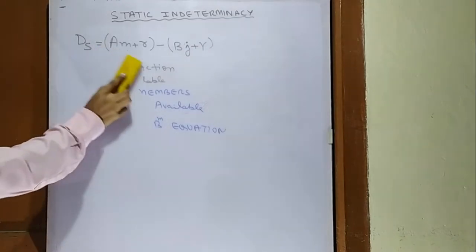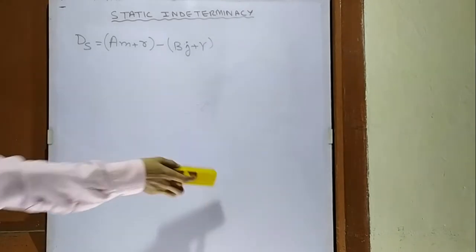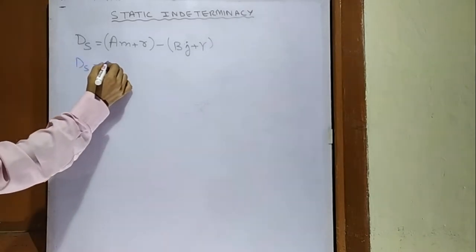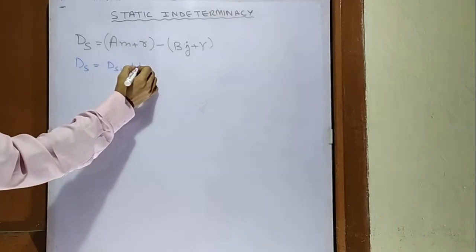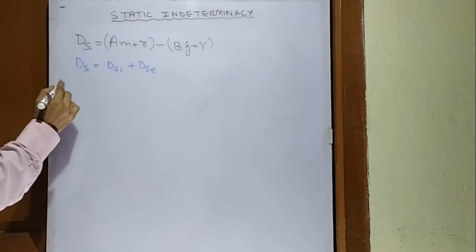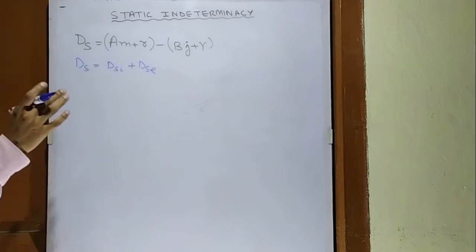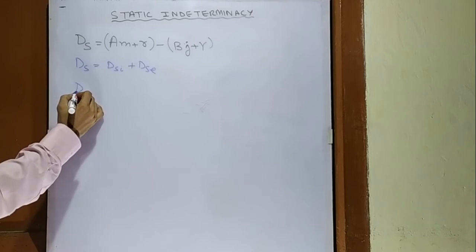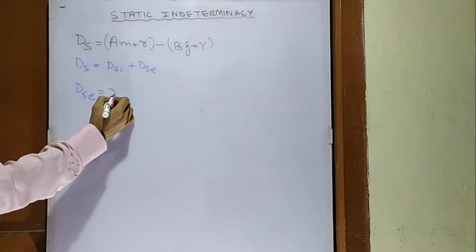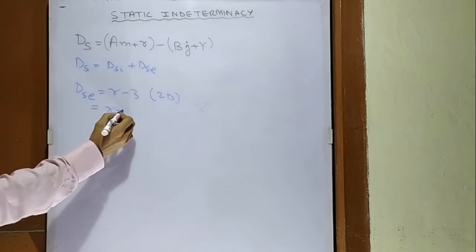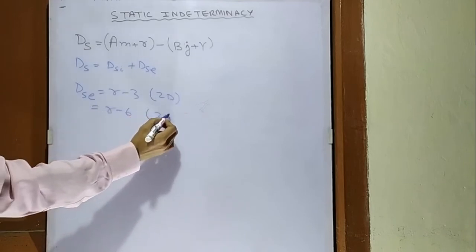Before that, we know that ds is equal to dsi plus dse. And what is dse? We have said that dse is related to the external support. So dse will be equal to r minus 3 for a 2D structure and r minus 6 for a 3D structure.